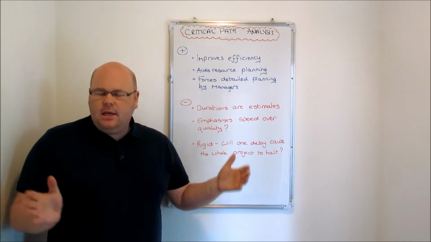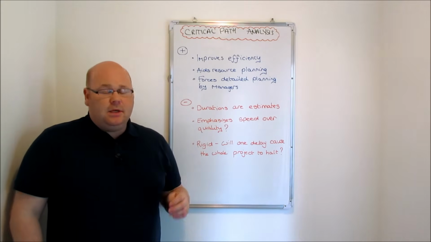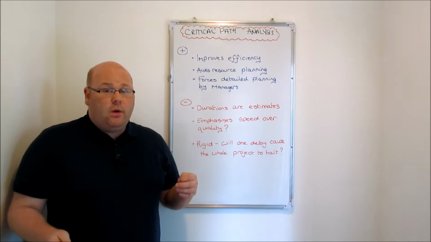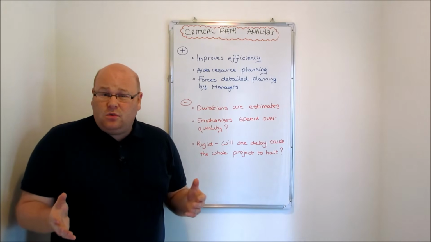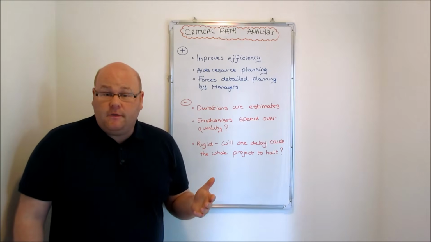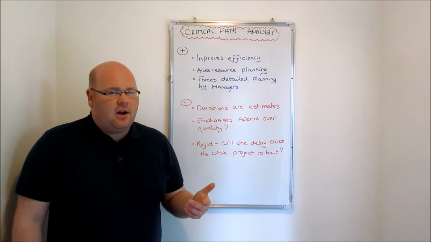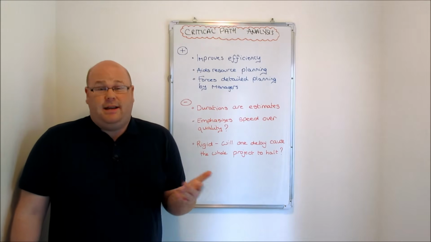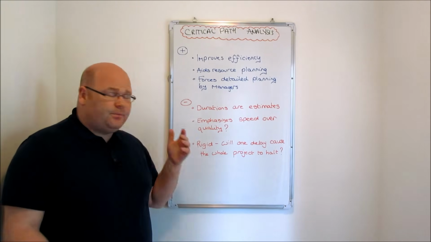It's going to mean that if we can shorten the length of a project, we're not going to have to deploy human labor to it for as long a period. We might not have to deploy other resources to it for as long a period. So if we can make projects more efficient, we can cut down the time that they take to complete, we can lower the organization's costs. That's a great advantage of critical path analysis.